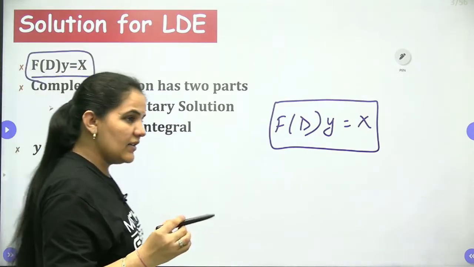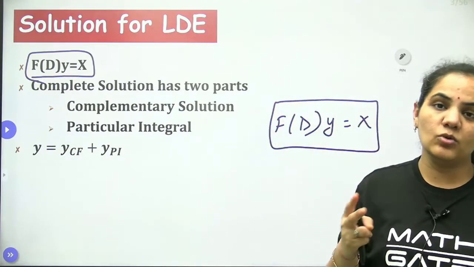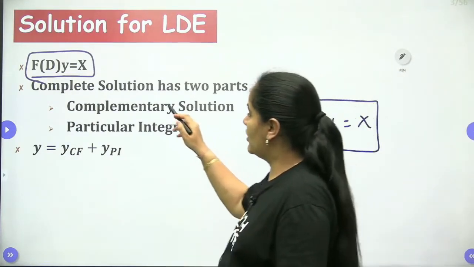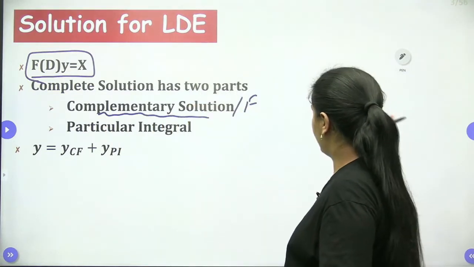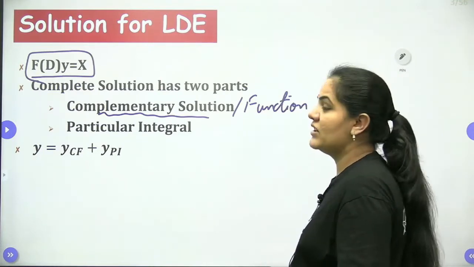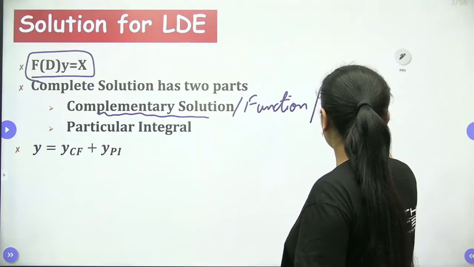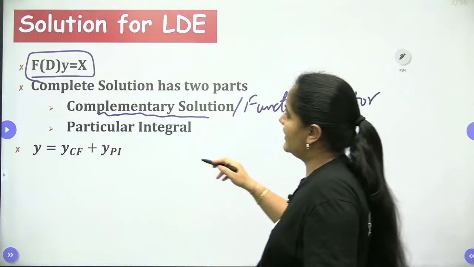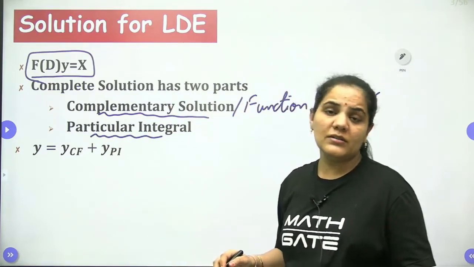Now we can find the solution of these types of differential equation in two parts. The first part is called the complementary solution or the complementary function, that is CF. And the second part is called the particular integral.